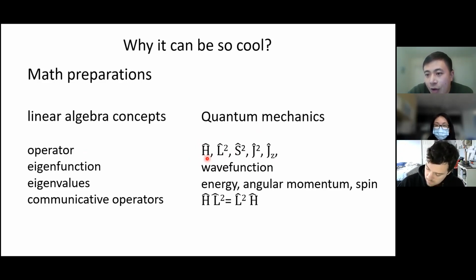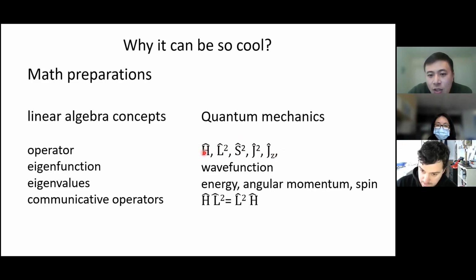So that's something we're very interested in. And also we have the orbital angular momentum operator and the spin angular momentum operator and the total angular momentum operator and the projected total angular momentum operator. All these operators are important because they relate to something physical that can be measured.